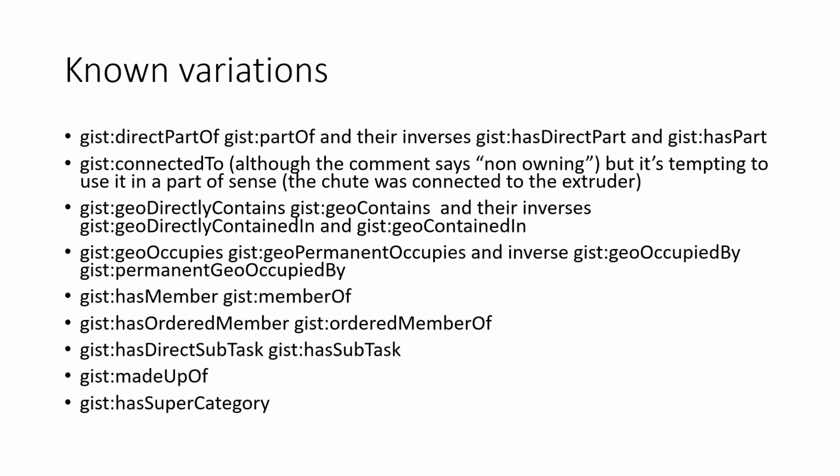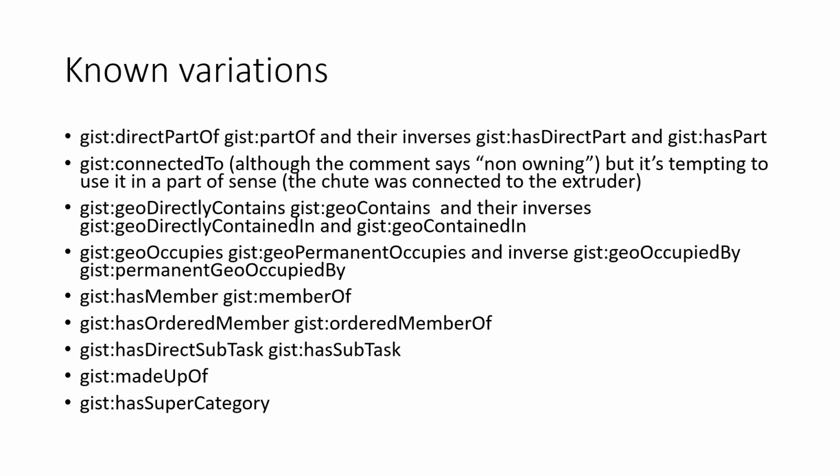Right off the top, there's direct partOf and partOf, which is where we get started. To remind everybody, and we'll go deeper into this later, we followed the pattern that a lot of people have followed before us: direct partOf is how something is immediately part of something, and the more general partOf is the transitive version.